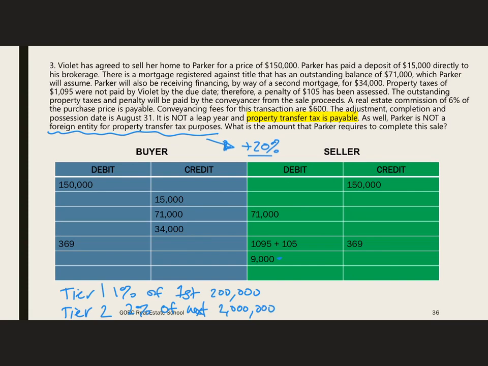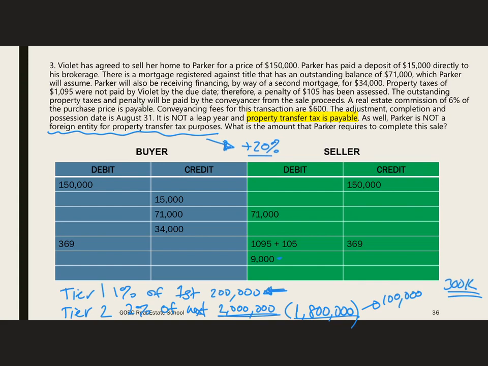So you're not calculating 2% on $2 million. You're calculating it on the remainder of the $2 million, which is $1.8 million. So if the purchase price is $2 million, you would calculate the 1% on the $200,000, and then you'd calculate 2% on the remaining $1.8 million. If the purchase price is $300,000, then you calculate the 1% on the first $200,000, and you'd calculate 2% on the remaining $100,000 if it were a $300,000 purchase price.